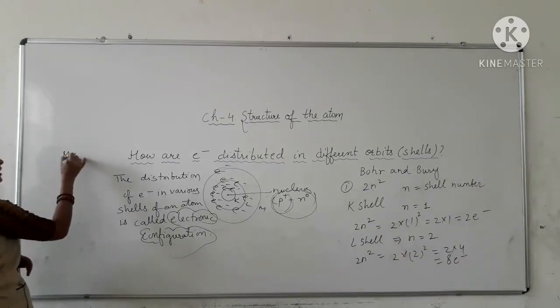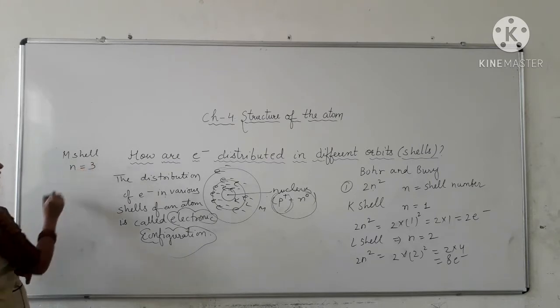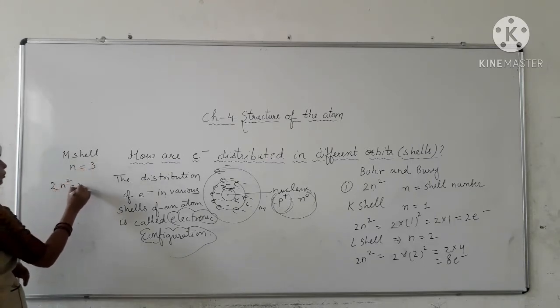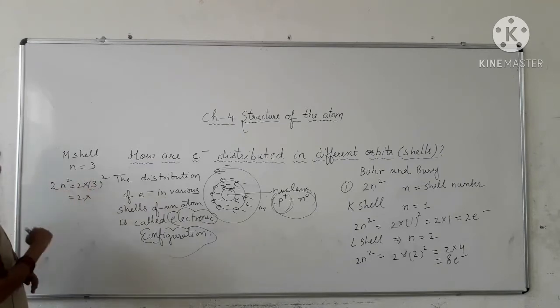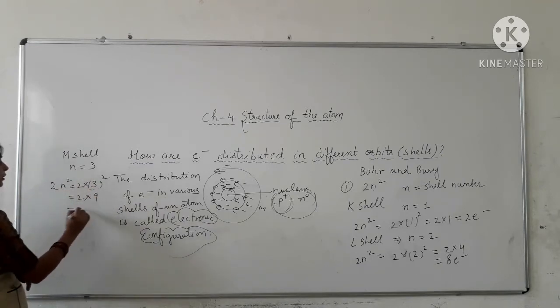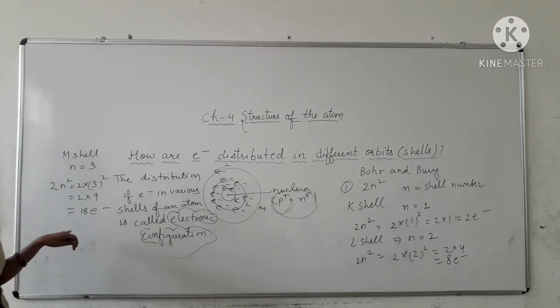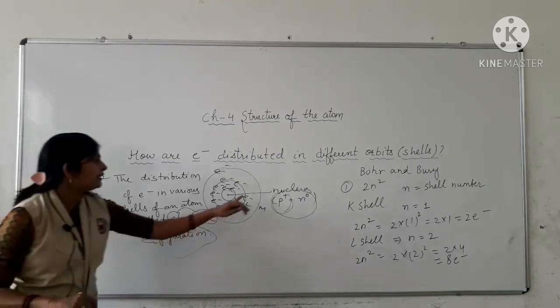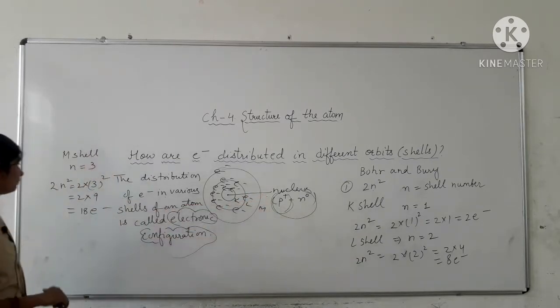Now M shell, it is the third shell, so its n value is 3. Apply formula 2n square: 2 into 3 square, 2 into 9, 18 electrons. So maximum 18 electrons can be accommodated in M shell or third shell.